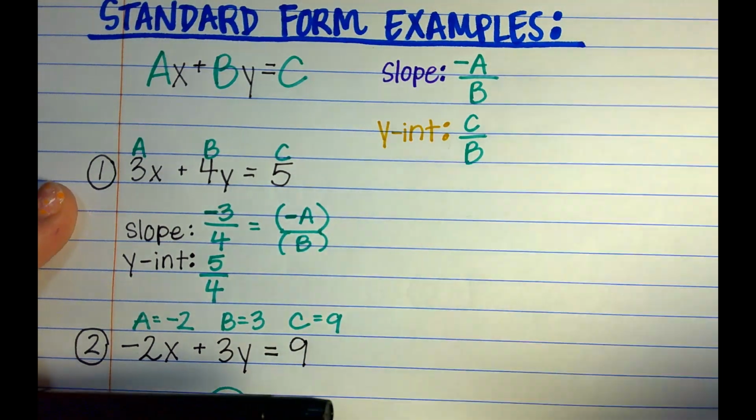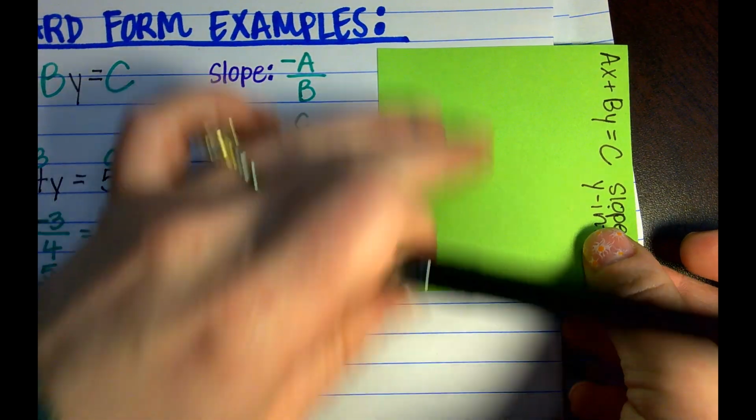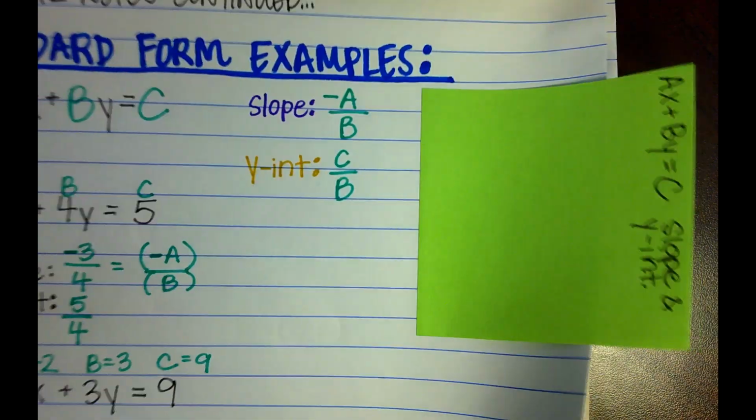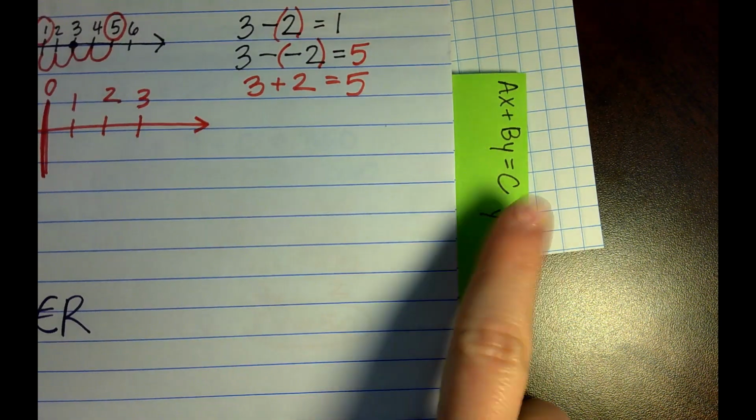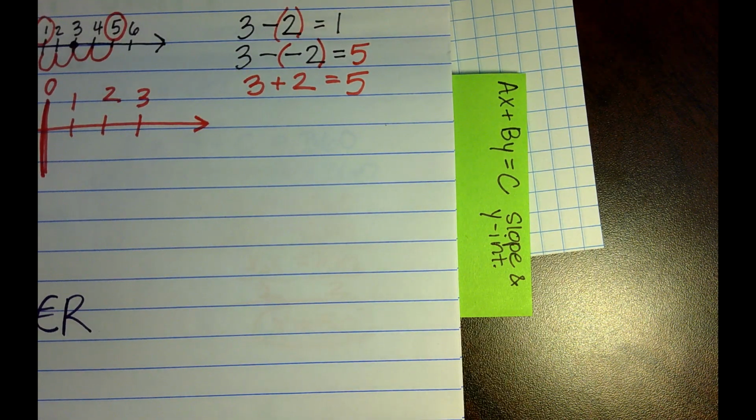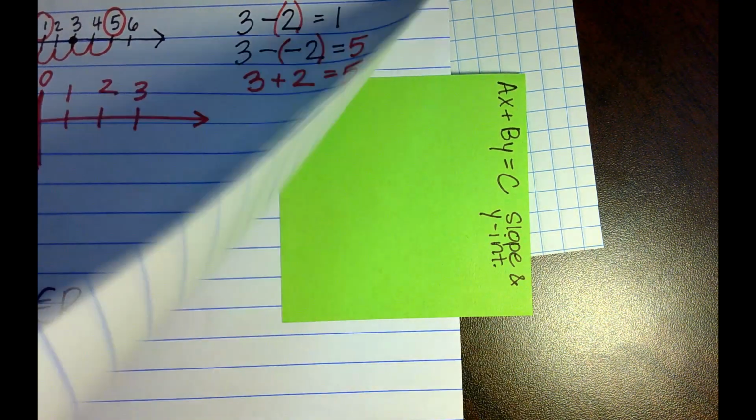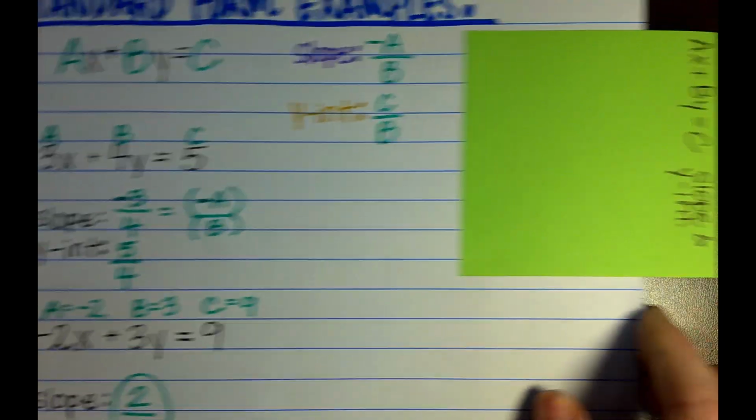And I might stick it in my notebook like this so that when my notebook is closed, I can always see where this is in my notes. So if you want to use those sticky notes, those are there for you to use.